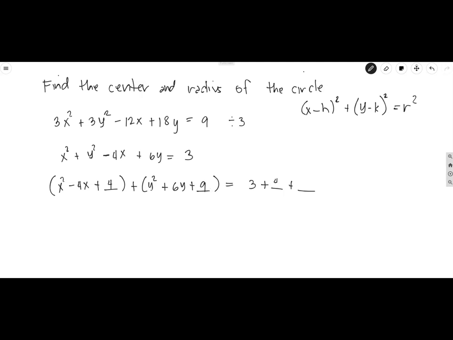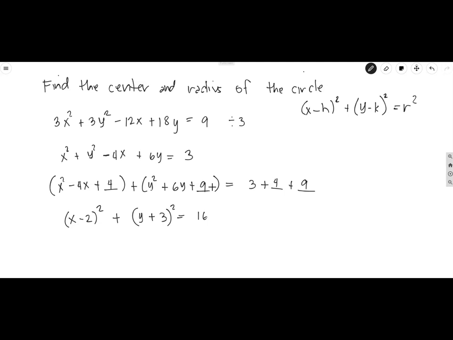So therefore, we'll add 4 and 9. This one now is a complete square, which gives us (x minus 2) squared plus (y plus 3) squared equal to 16.